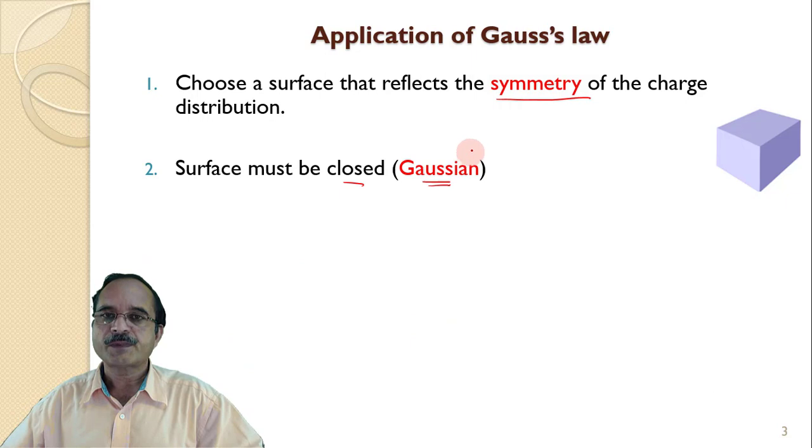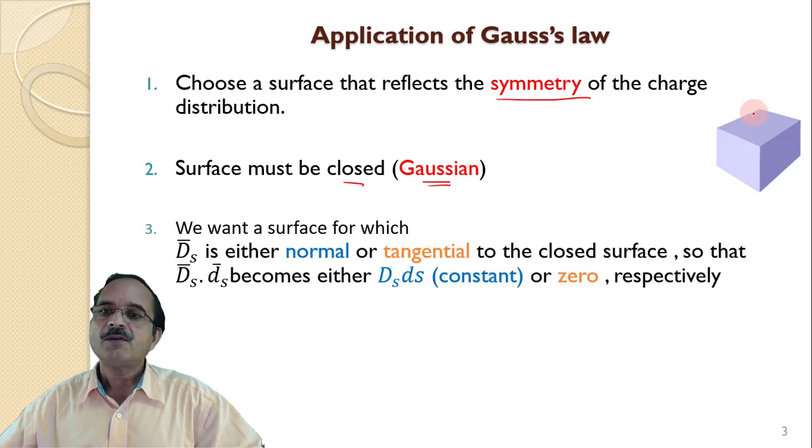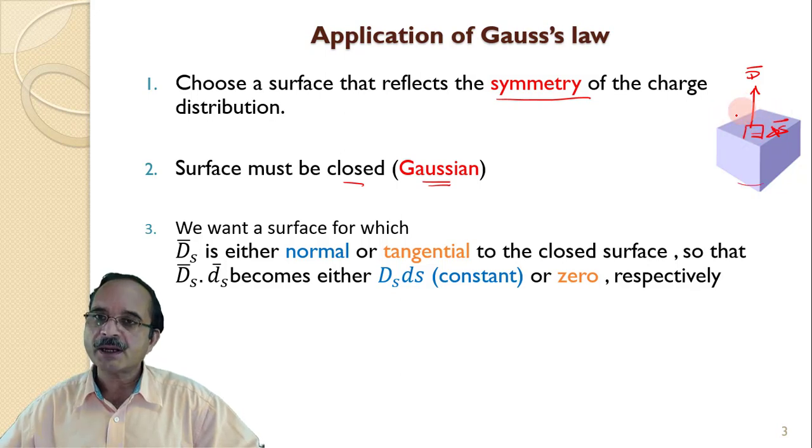Based on these two assumptions, we have to find out D dot dS, if this is the small differential surface, and this is, suppose, the electric flux density passing through this surface. So we find out D dot dS over the entire surface. If I assume this cube here, there are 6 sides, so I will evaluate this D dot dS over all the 6 sides. Now there are two possibilities.